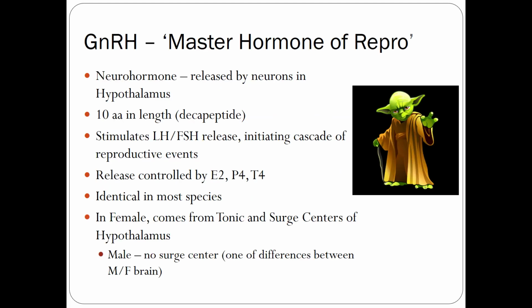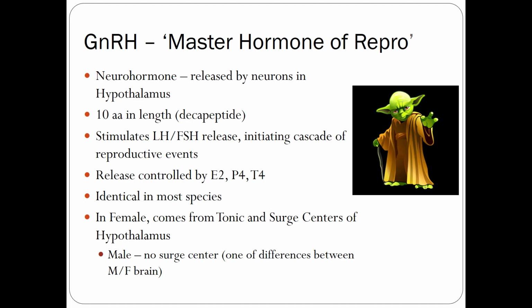So again, GnRH is the master regulator of reproductive hormone, and it is a neurohormone. It is released by the neurons in the hypothalamus. Very small. We call it a decapeptide because it's only 10 amino acids in size.